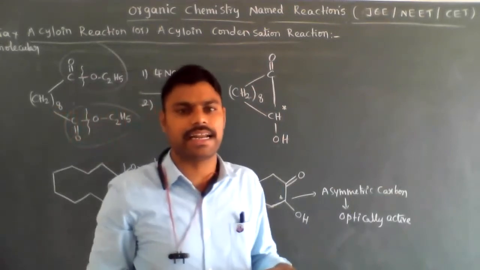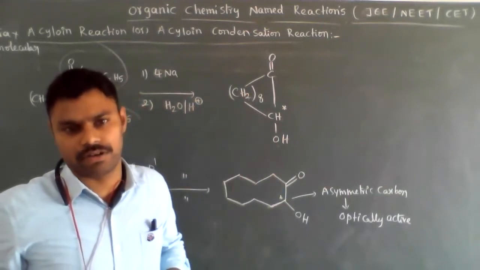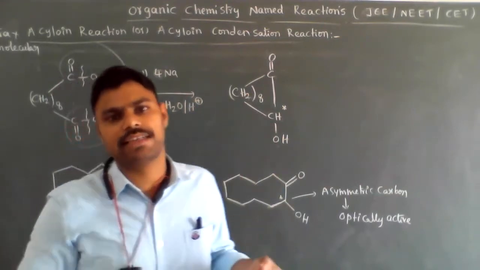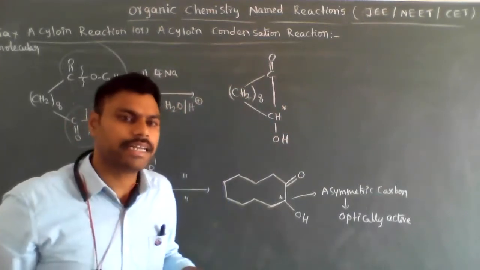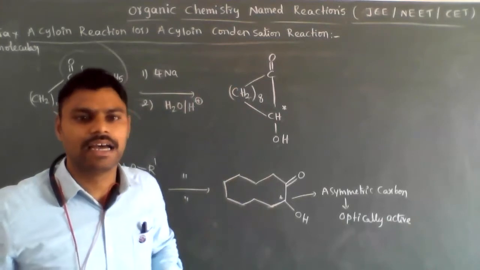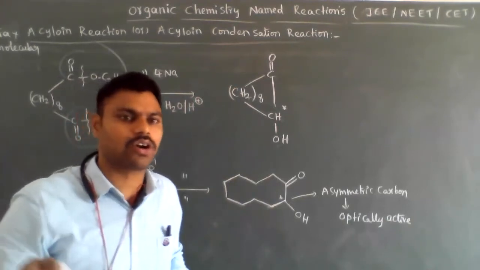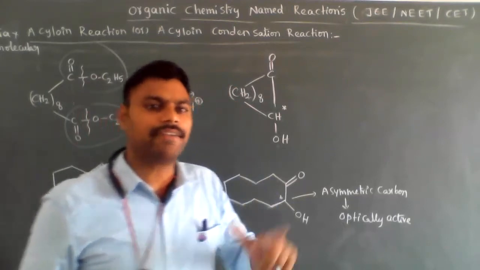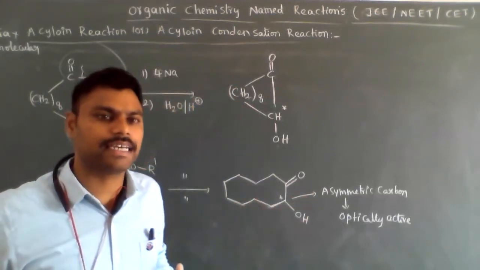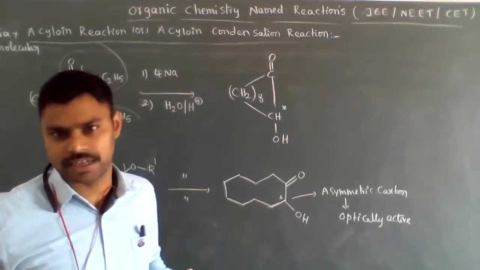Dextrorotatory means it rotates plane polarized light towards the right side, and levorotatory means it rotates plane polarized light towards the left side. Right side rotatory compounds are also called R compounds, and left side rotatory compounds are called S compounds.